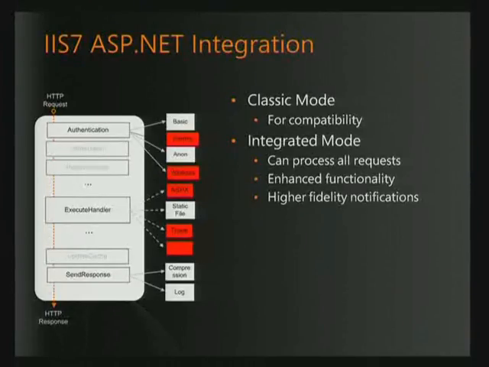What I'm trying to say is the authenticate request of ASP.NET happened way after the authenticate request happened in IIS. However, in the integrated pipeline, the begin request of ASP.NET happens at the same time as the IIS begin request. This means that the begin request runs before authentication, so you can do more stuff. And I'll try to clarify that in a second.